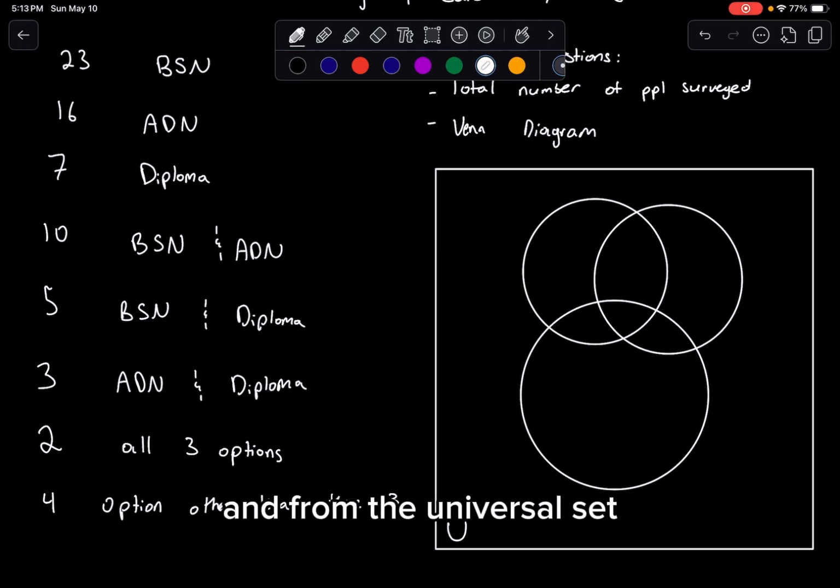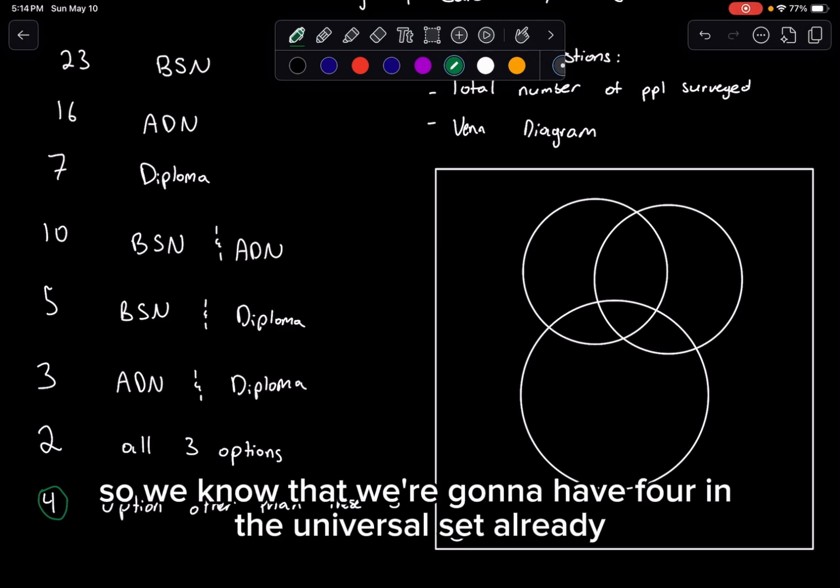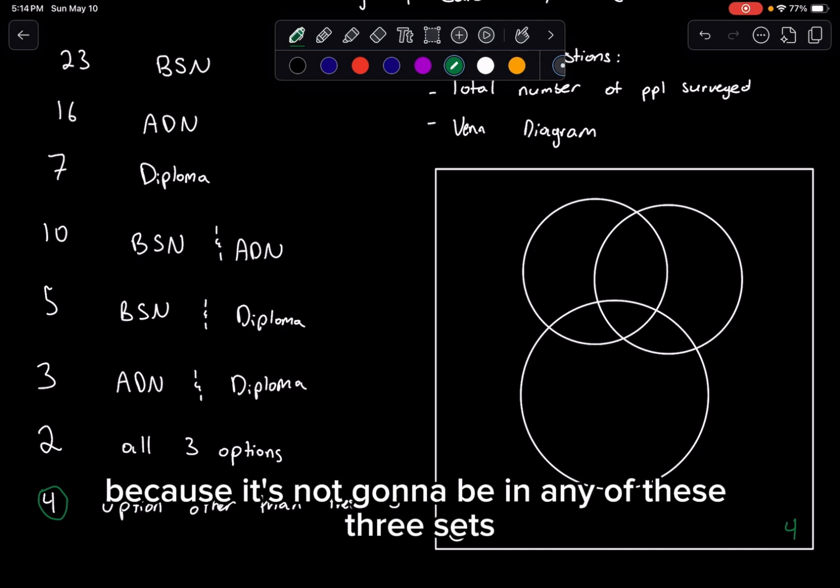From the universal set, we already know that there are 4 people that are looking for an option other than these 3. So we know that we're going to have 4 in the universal set already because it's not going to be in any of these 3 sets.